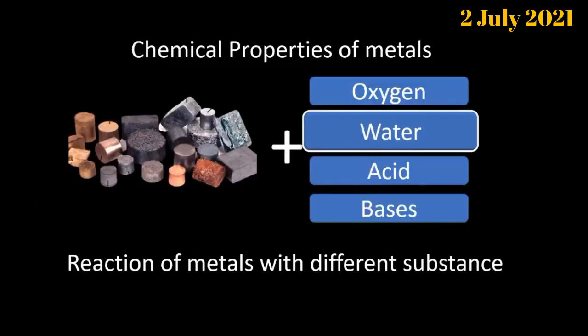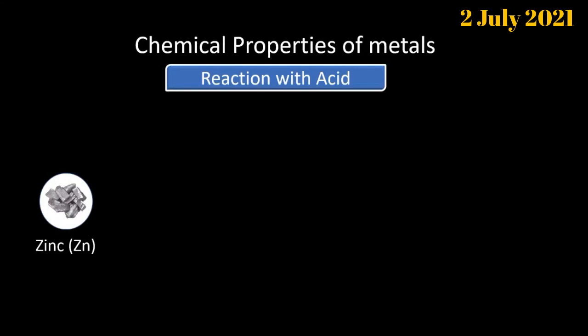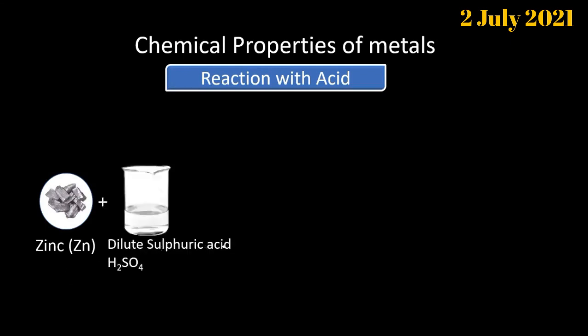Well, now we will take up how the metals react with acids, right? So next one is acids, reaction of metal with acids. For that we'll take an example first, that is zinc. So this is zinc when added to dilute sulfuric acid.